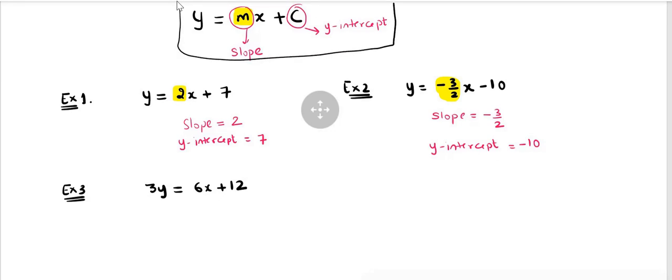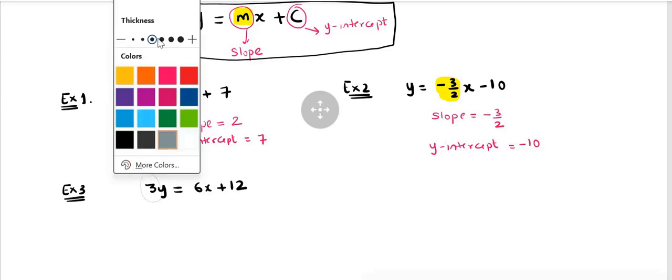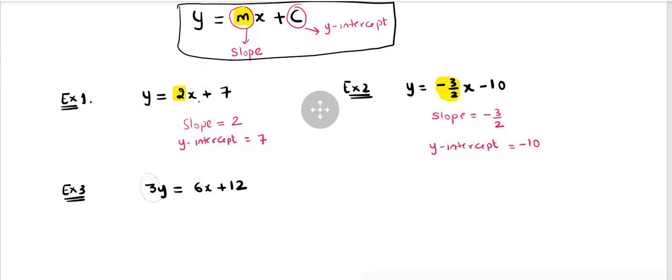We need the coefficient of y to be 1. What is the coefficient of y here? It's 3. So we need to get rid of this number. For that purpose, we divide both sides of the given line by 3.